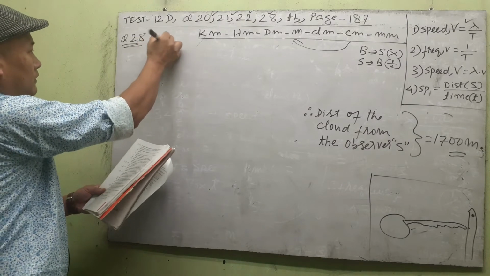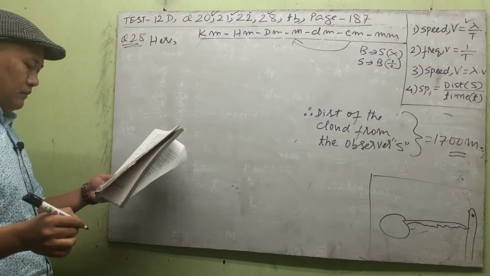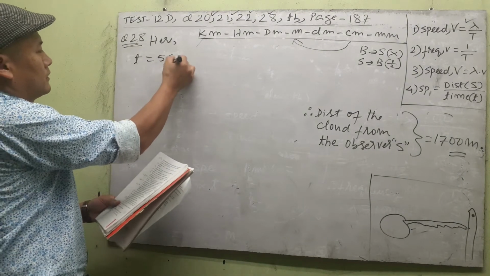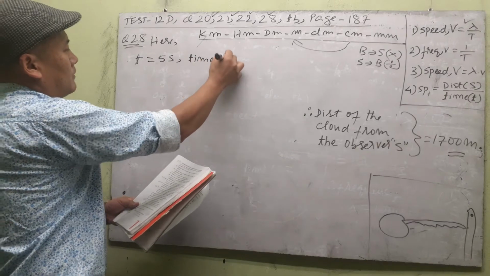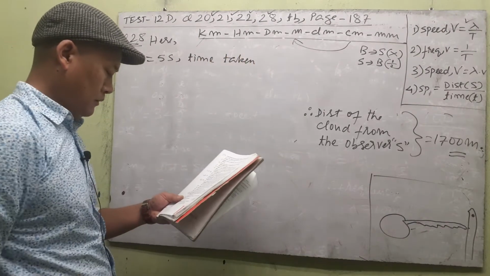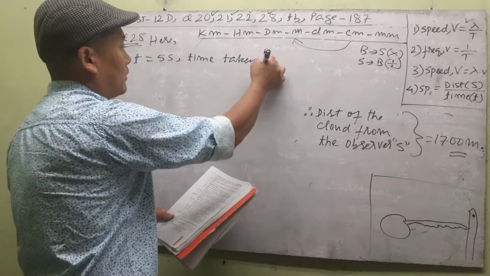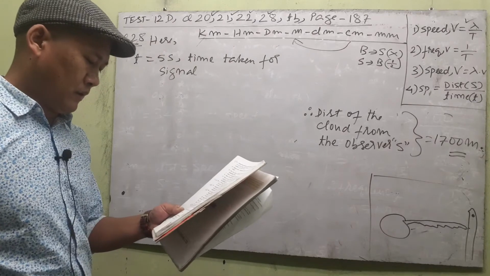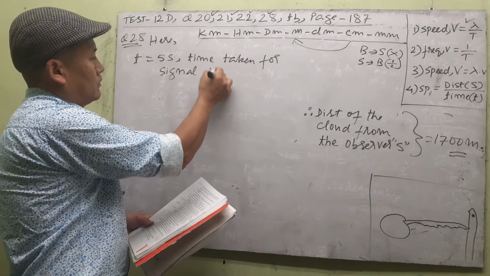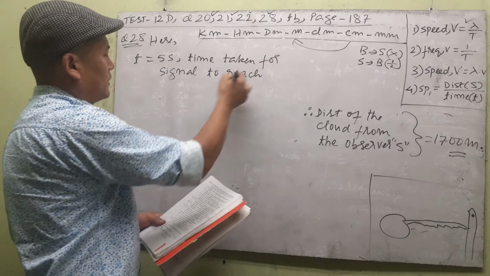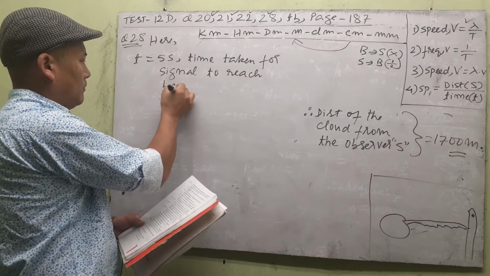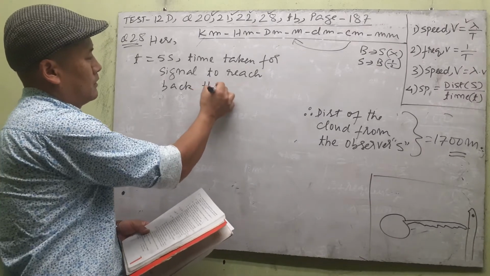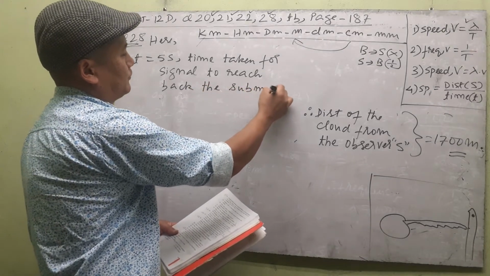So here, T is 5 seconds. T is 5 seconds, the time taken for the signal, signal here means the sound signal, to reach back the submarine.